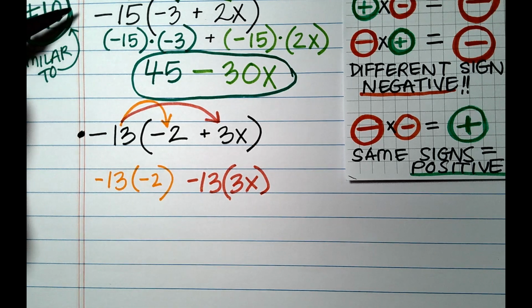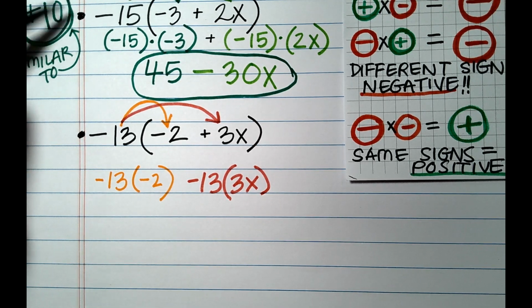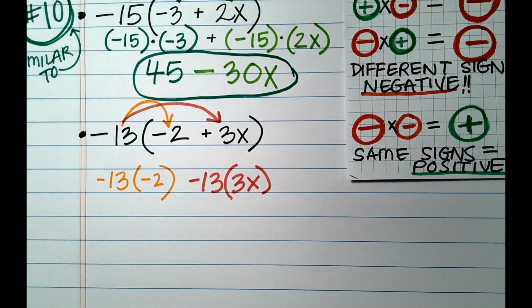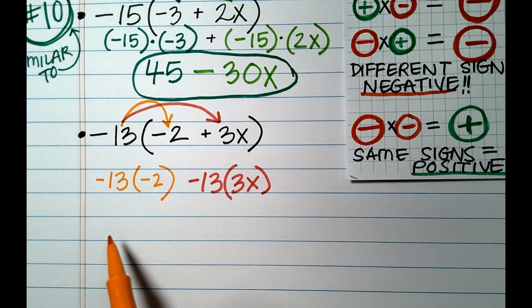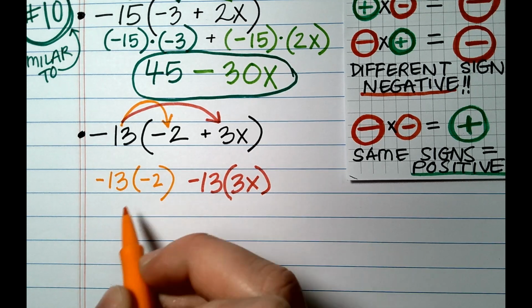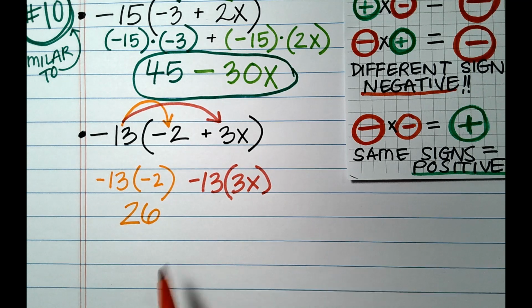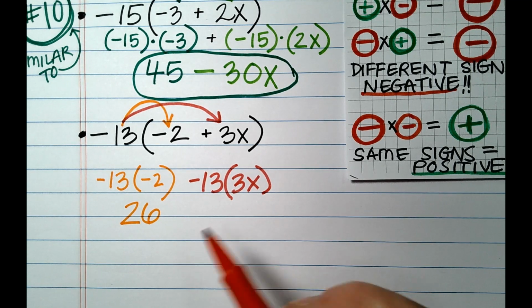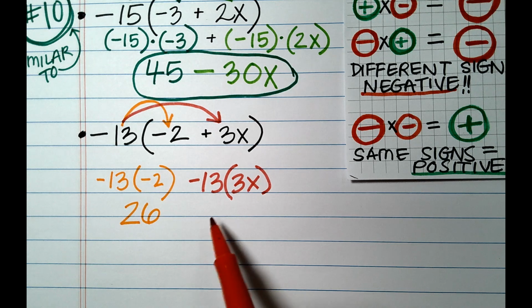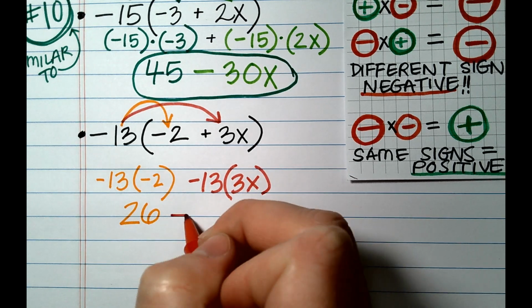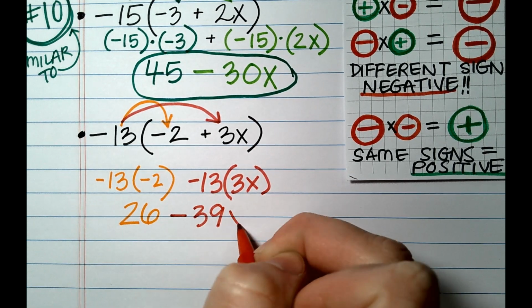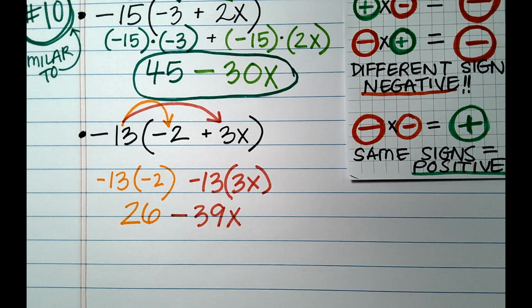Ready, next. That's my answer, positive or negative? Positive. What is it? 26. Perfect. And then what next? That gives us negative 39x. Perfect.